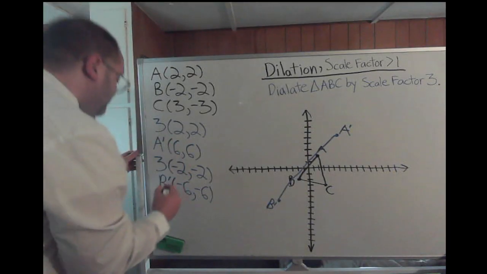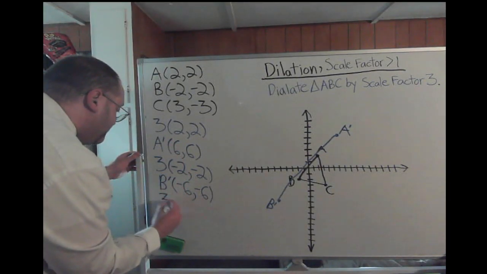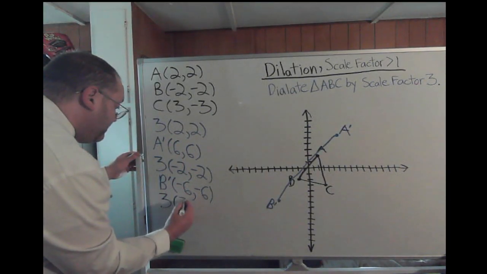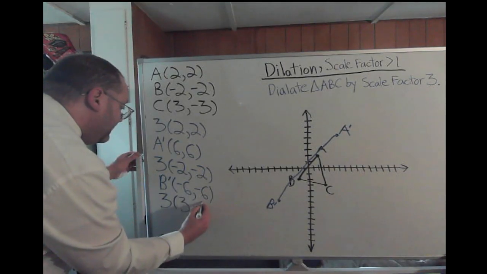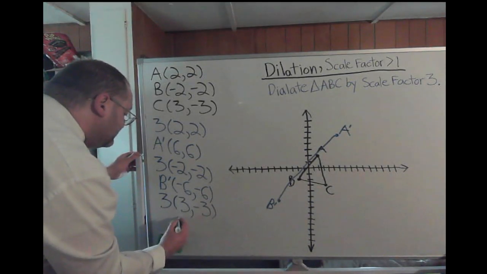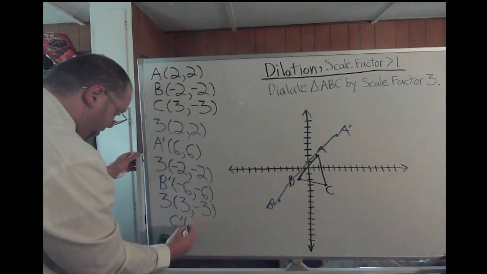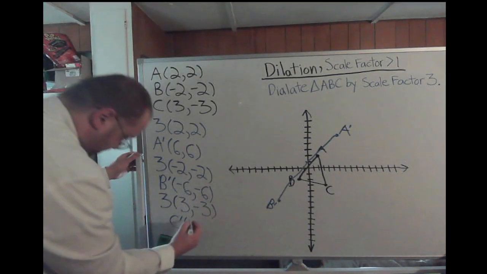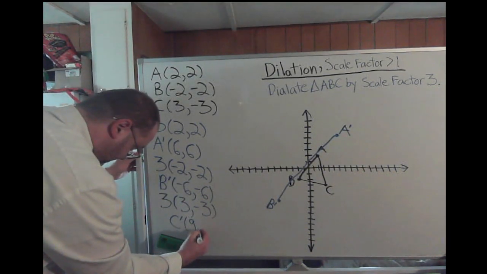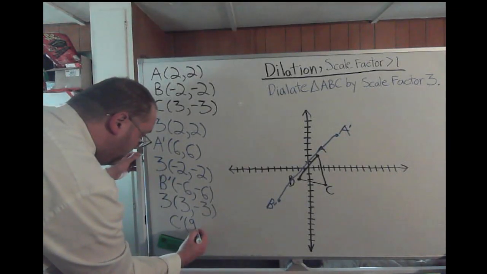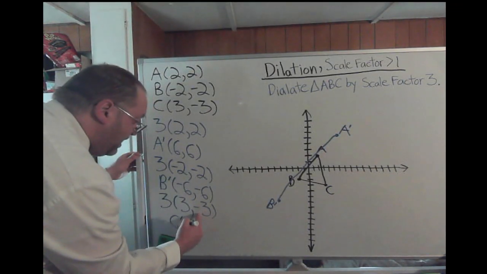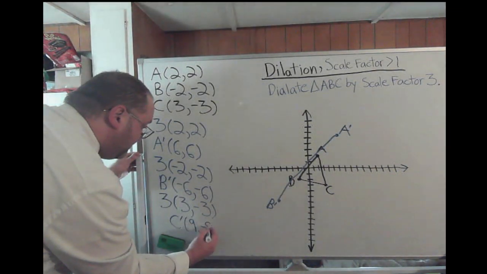Now let's deal with C. You'll just take 3 times that coordinate of 3, -3, and you would get C prime would have the coordinate, if you do 3 times the x coordinate of 3, you'll get 9. If you do 3 times the y coordinate of -3, you get -9.